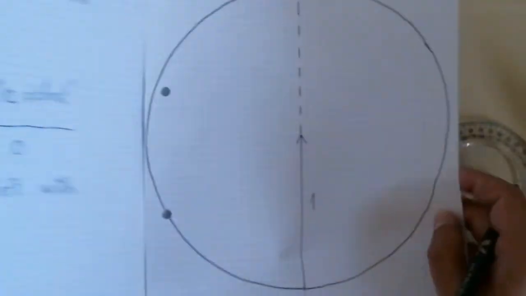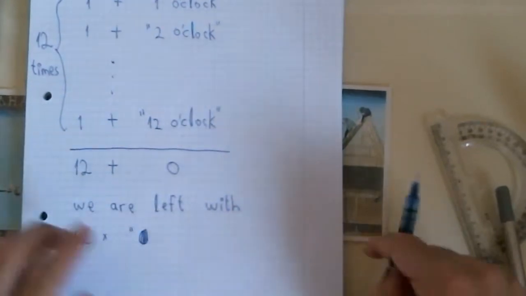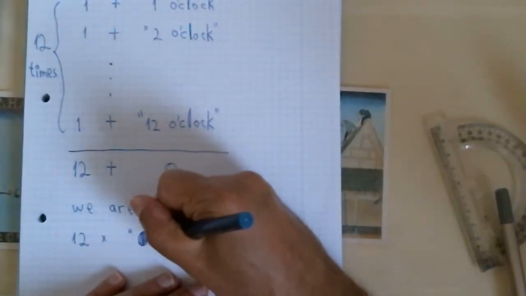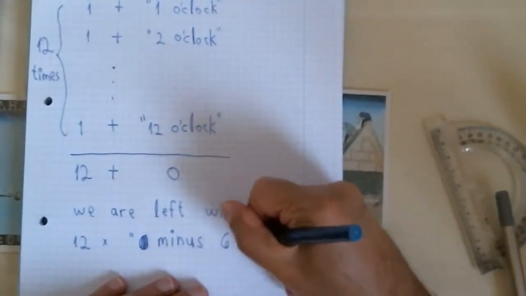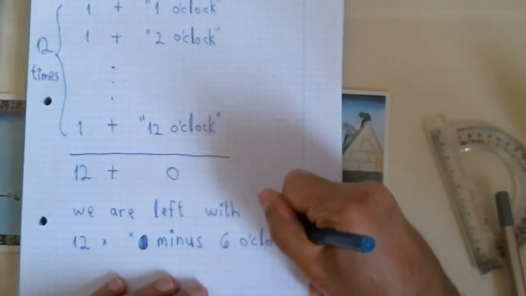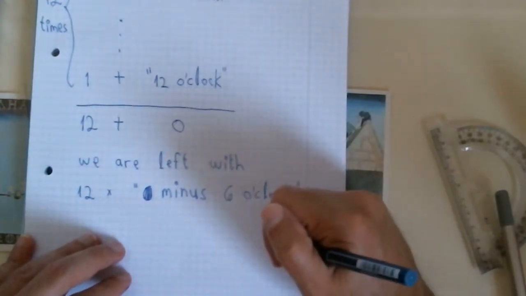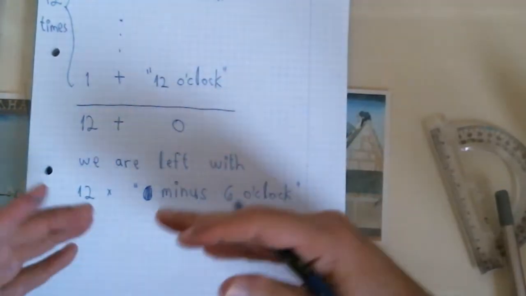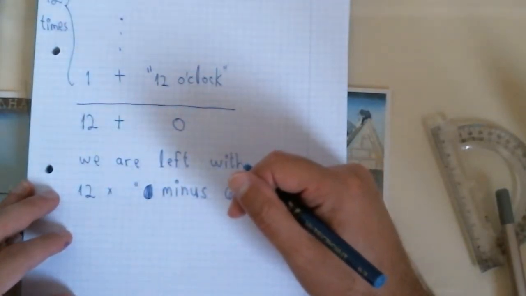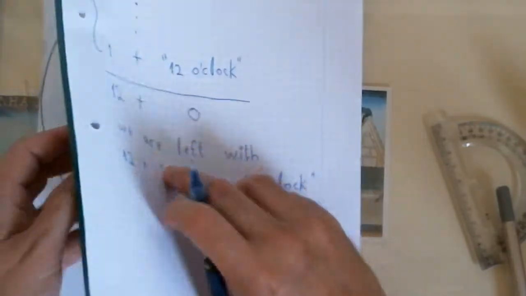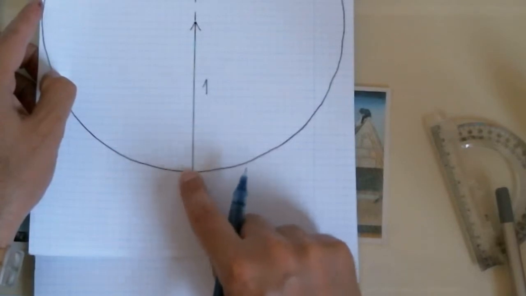So let's write it: 12 times minus 6 o'clock. Or in other words, we get the sum of them if we start measuring from this new starting point.